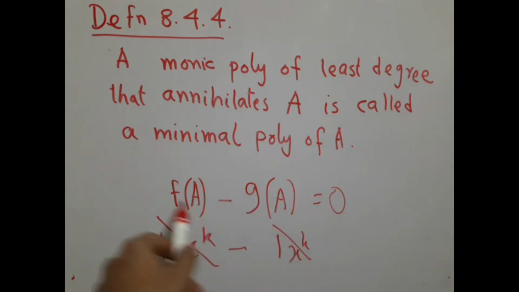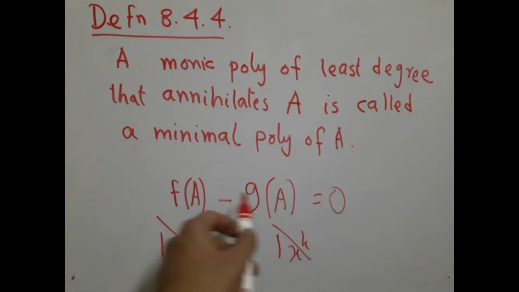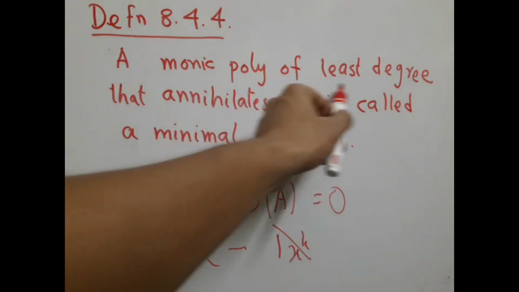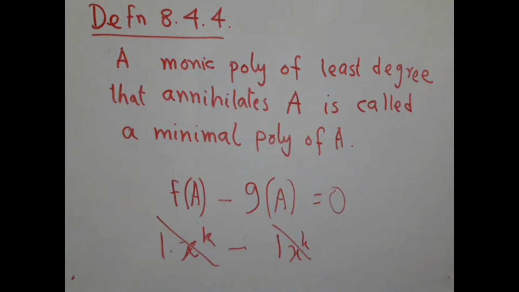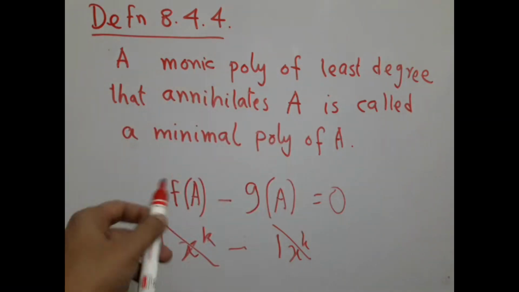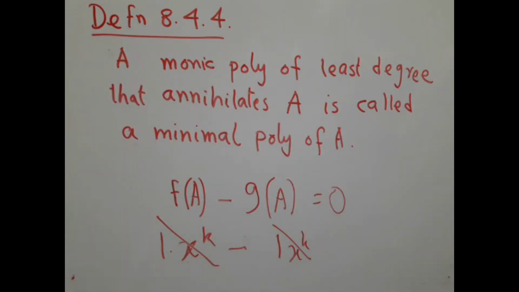So this thing must be a polynomial of degree less than or equal to k minus 1, and that contradicts the fact that F and G were both supposed to be least degree polynomials annihilating A. So F minus G is an even smaller degree polynomial which also annihilates A.